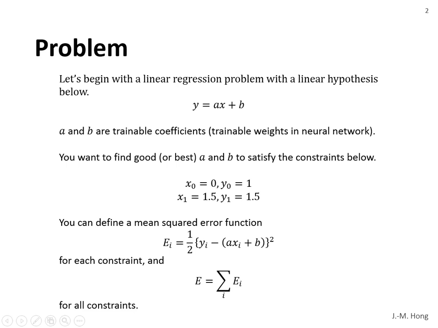And you can also define e1 by introducing y1 and x1. So we have two equations here. For all constraints, we add the two error functions, e0 and e1, to obtain the error function, where i is 0 and 1.